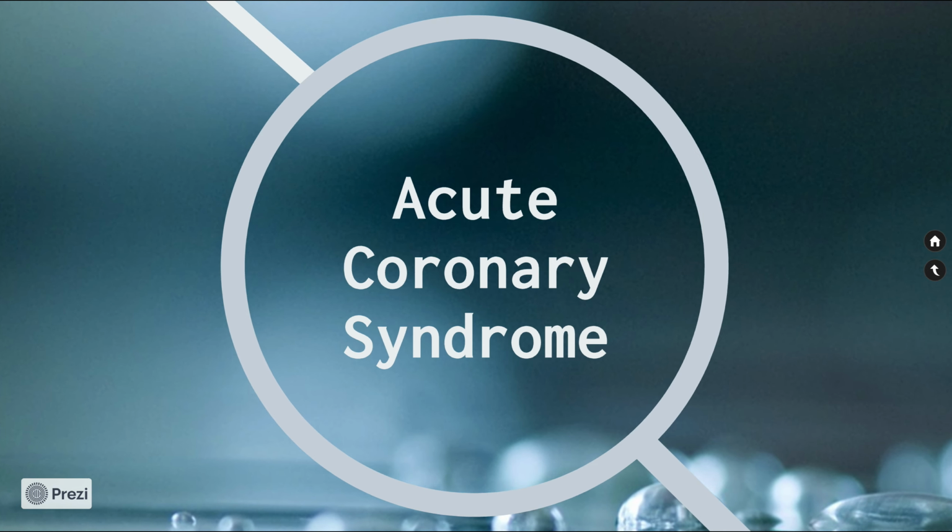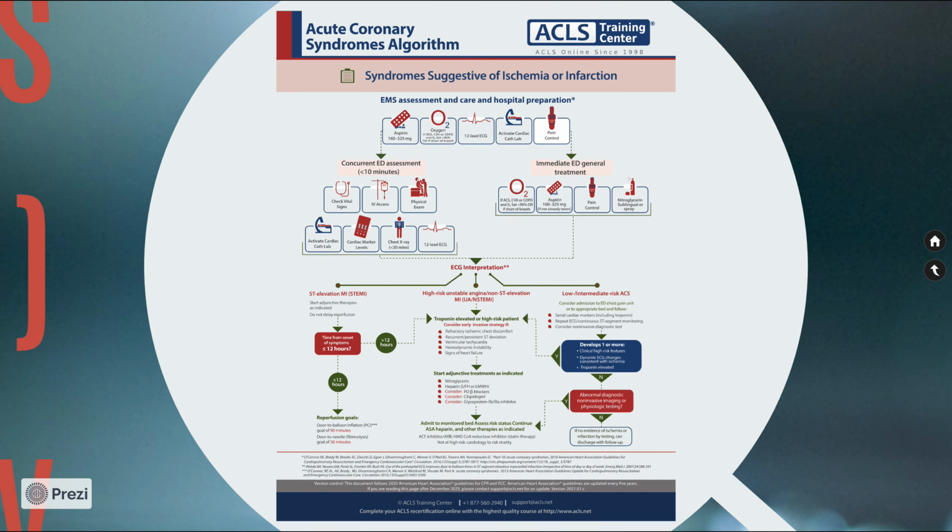So the first emergency cardiovascular situation that we will be moving through is acute coronary syndrome. You see here the algorithm from the American Heart Association. I will not delve deeply into this.